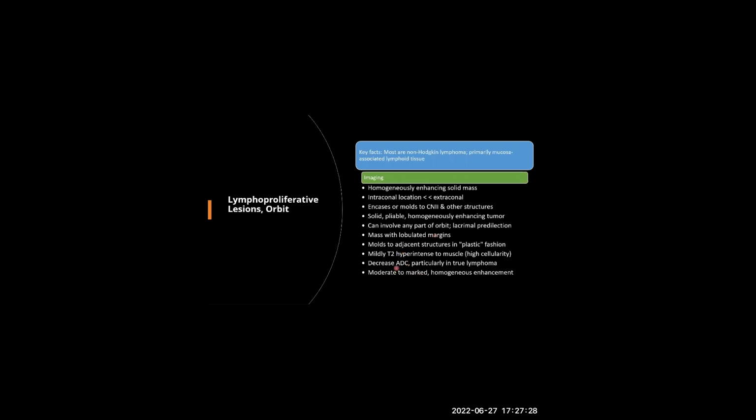The decreased ADC of the true lymphoma, that we agreed, is one of the main differentiating points between the lymphoma and the pseudotumor. The ADC is very low signal in the lymphoma compared to the orbital pseudotumor. Okay, and they present with moderate to marked homogeneous enhancement.